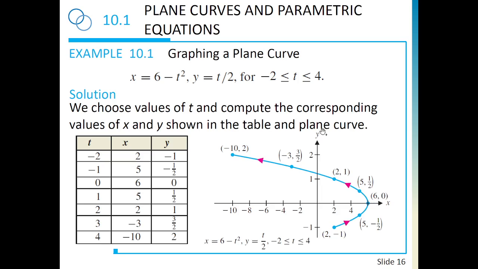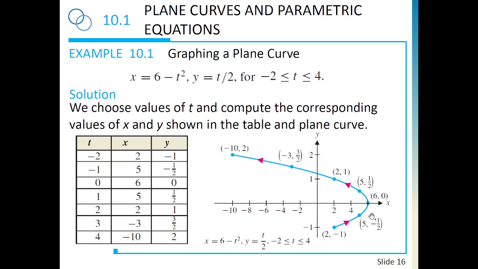And also what we see is we have a starting time, so the starting point, and we have the final time. So at some point we have a final point. It is interesting to observe that, let's say here at the point (6, 0), which corresponds to time 0. So when t is 0, x is 6, y is 0, we have a vertical asymptote.